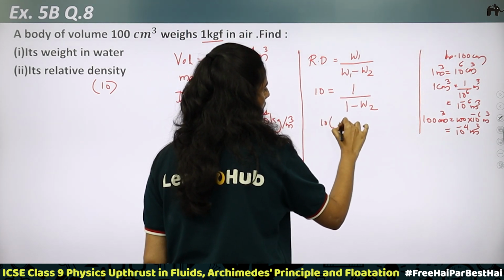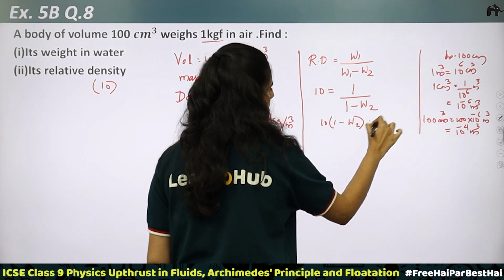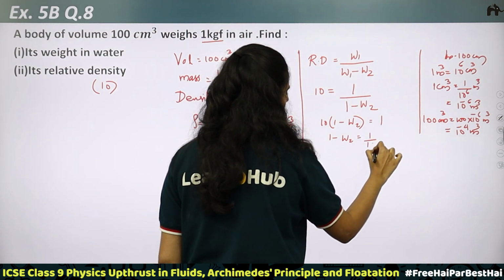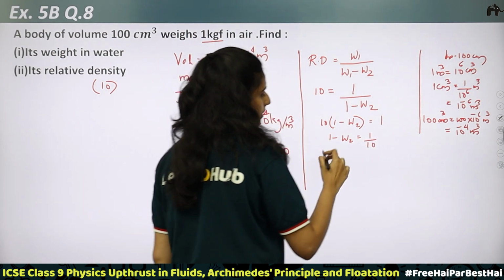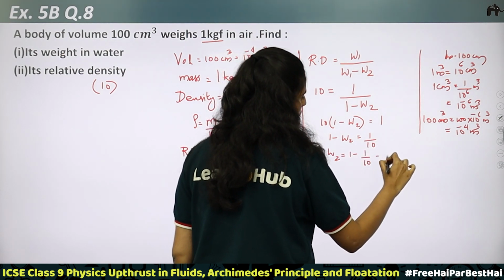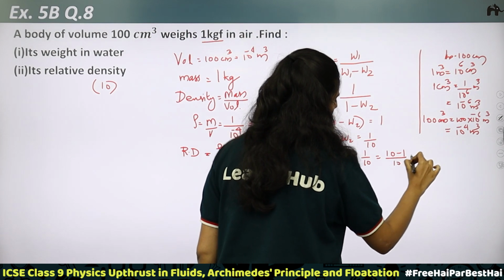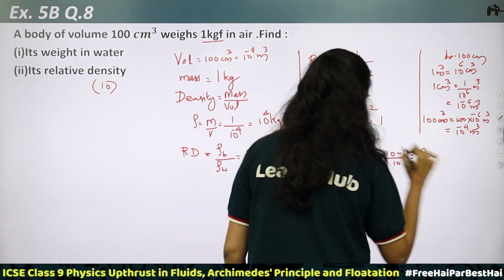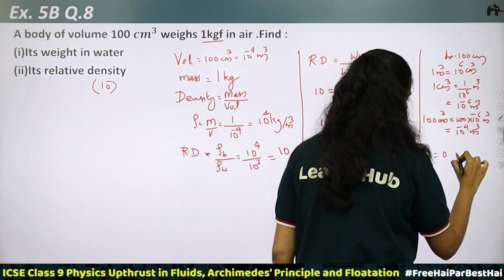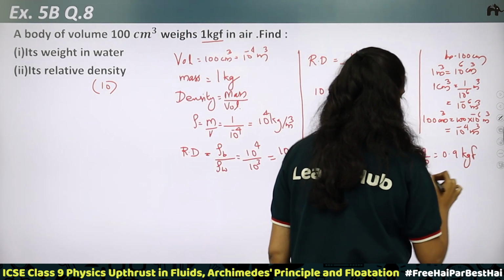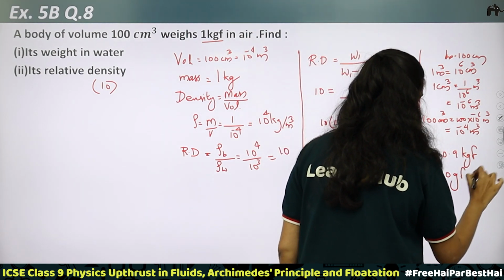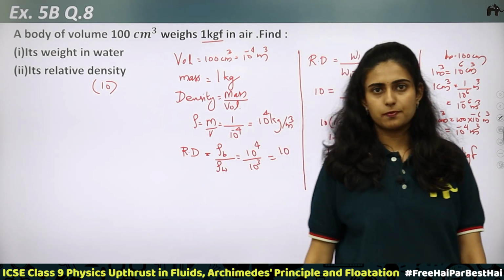So 10 into 1 minus W2 is equal to 1, or 1 minus W2 is 1 by 10. Then W2 will be equal to 1 minus 1 by 10, that is 9 by 10. So W2 is equal to 9 by 10 or 0.9 kilogram force. When you convert it into gram force, this will be equal to 900 gram force.